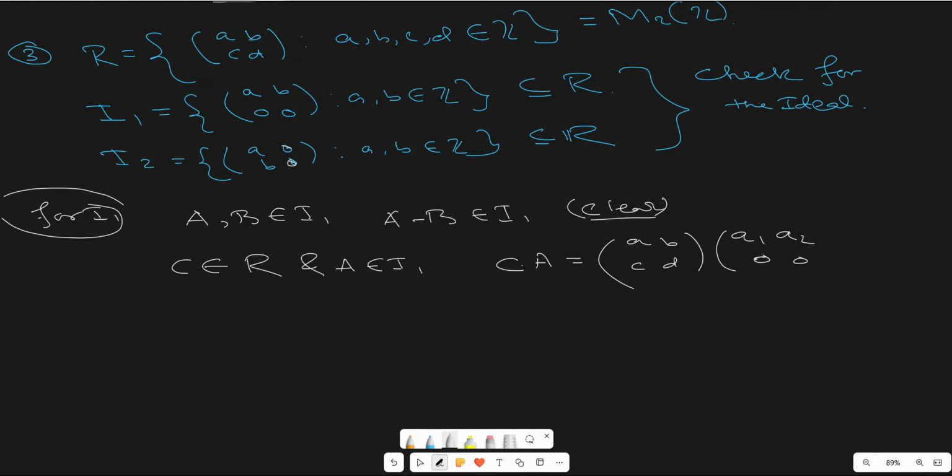So what is that? This will be A1 times A, A1 times B, and so on. This will be A1C, and this will be A2C. Is this inside I?